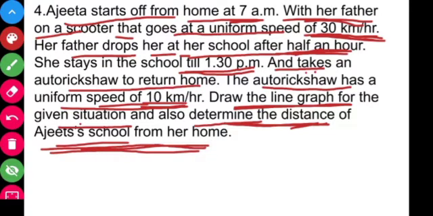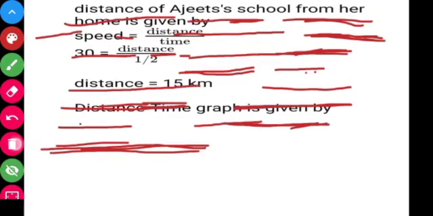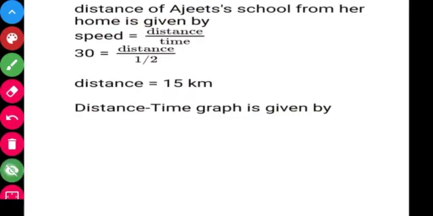Okay, so let's start. We need the distance of Ajita's school from her home. Speed is equal to distance upon time. The speed of the scooter was 30 km per hour, and the time taken by her father to drop her was half an hour.